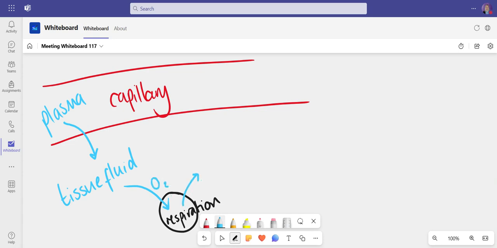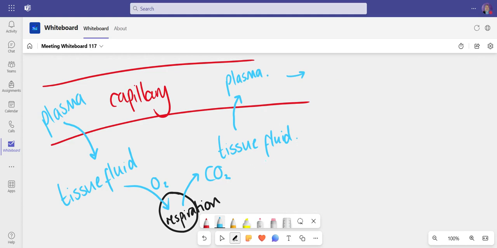The respiration produced carbon dioxide, and the carbon dioxide then dissolved back into the tissue fluid. Now, most of the tissue fluid then returned to the capillary where it got renamed plasma and continued on in the capillary in the blood.